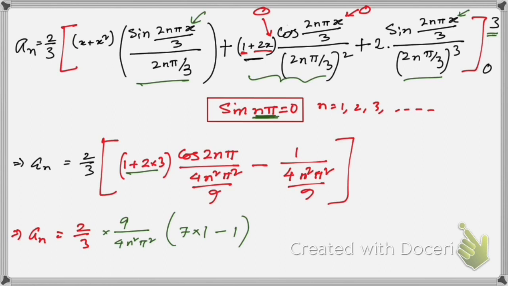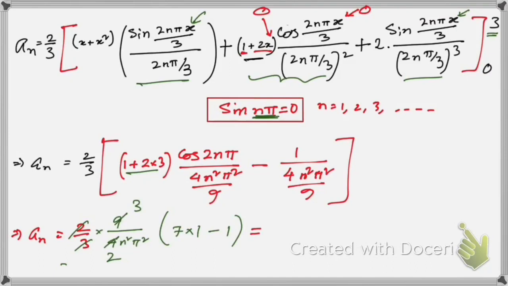So 2 by 3, let me write here, one more thing, cancel this 9 by 3, then you will get 3 here, and 4 by 2, right? That's what you will get. So the value of an is going to be 3 by 2 into 1 by n square pi square.